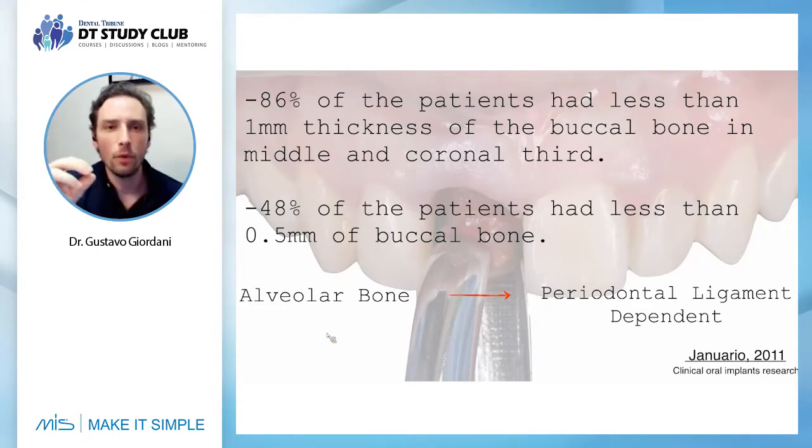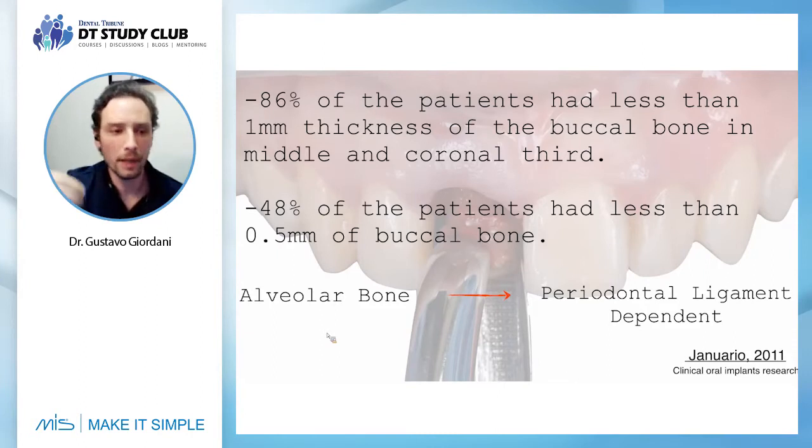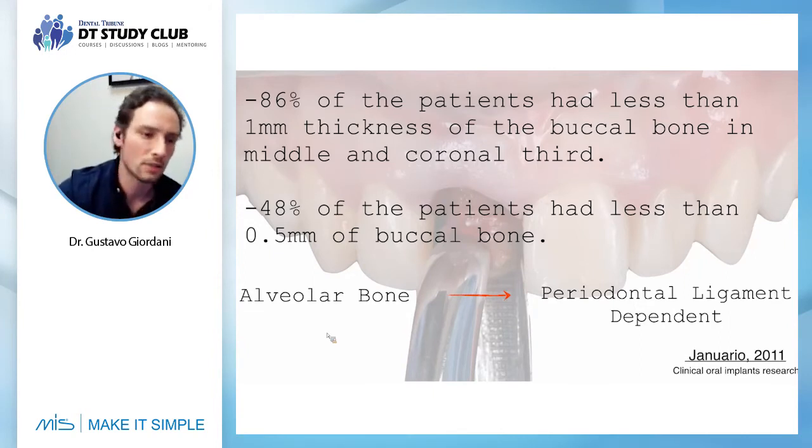Every time you extract the tooth, it comes with a periodontal ligament. The periodontal ligament will support a very important structure, which is the alveolar bone. The alveolar bone is periodontal ligament dependent. So every time that you extract the tooth, in 100% of the cases, we're gonna lose the alveolar bone.